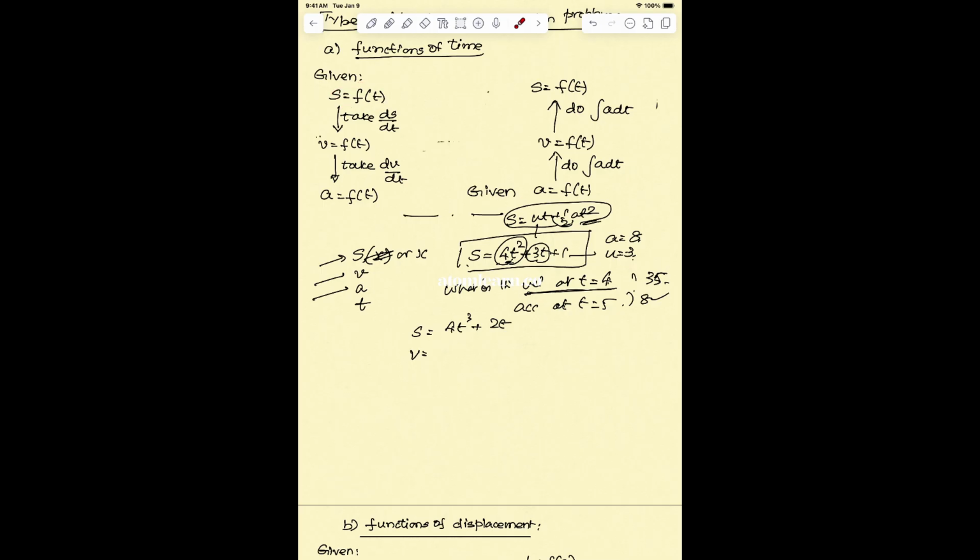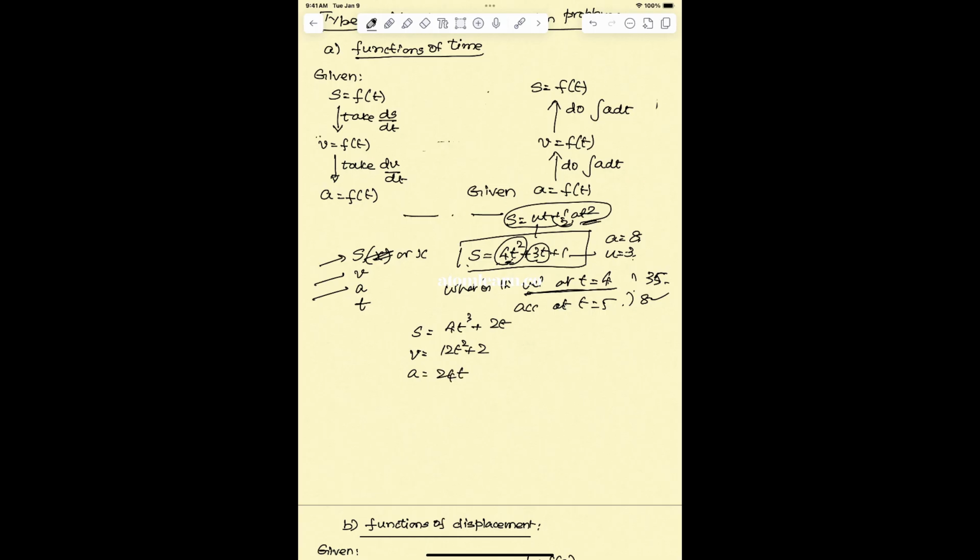Differentiate once more with reference to time, you get acceleration. So s is 4t cubed plus 2t, and the velocity is therefore 12t squared plus 2. And then acceleration is given by 24t. Therefore, acceleration is also a function of time, so it is varying.